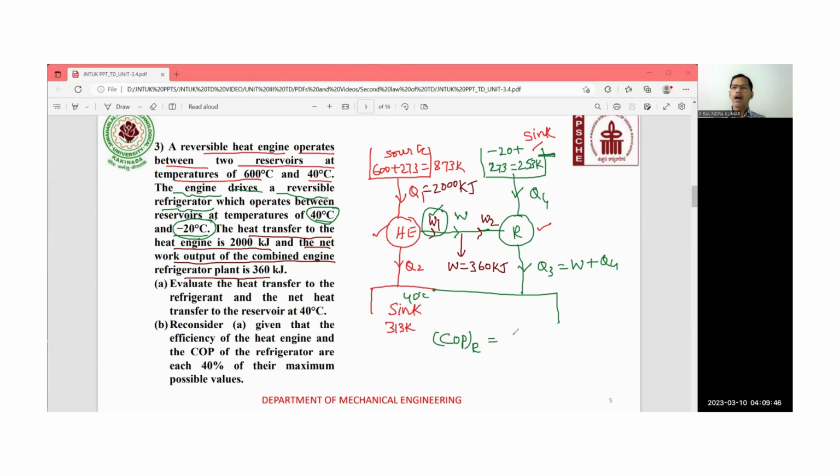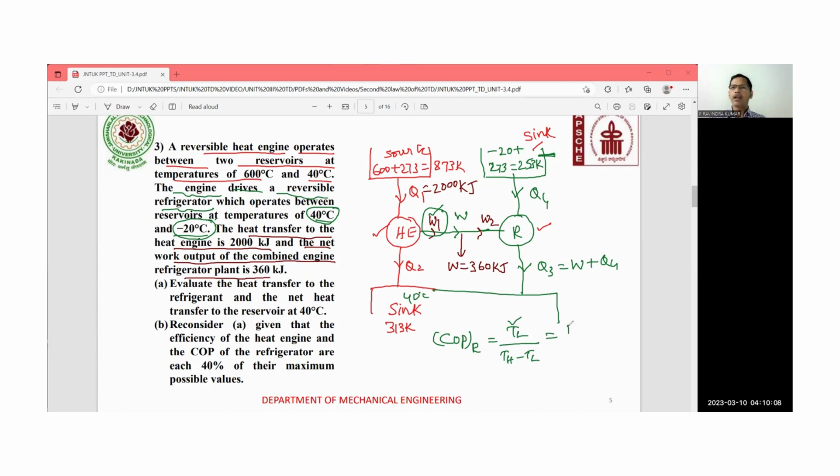That means the low temperature divided by the high temperature minus low temperature, because this is the desired effect, divided by W net.